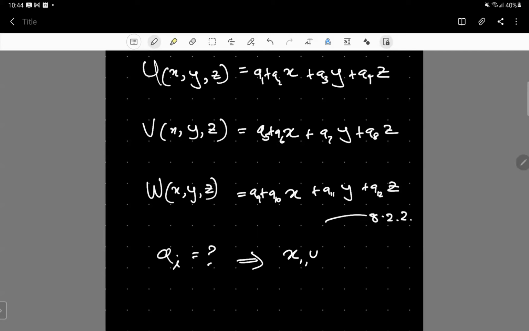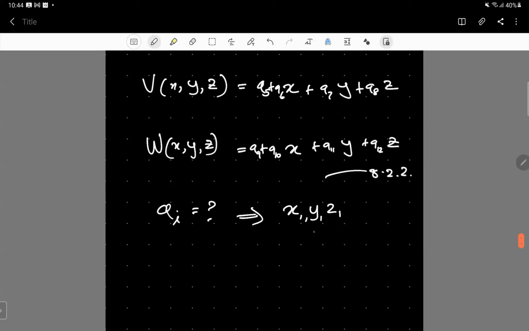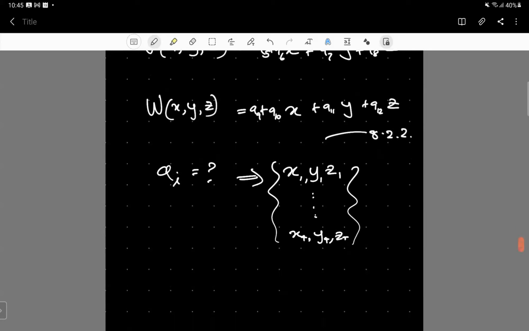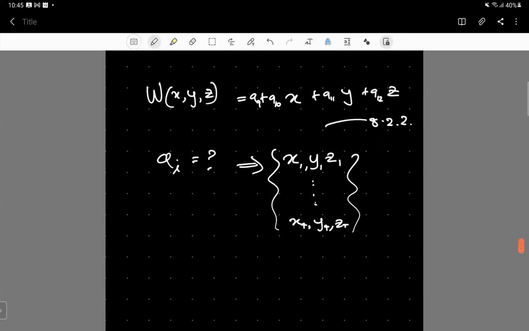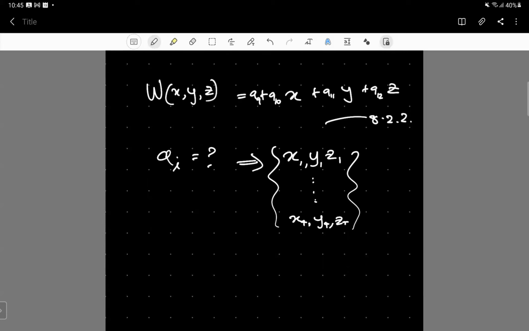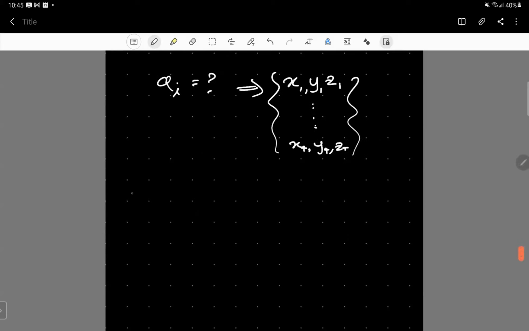X1, Y1, Z1, up to X4, Y4, Z4. We'd like to use these known values in order to find the unknown AI terms. We have done this before, so I will skip a lot of steps and write down the answer you would get if you do the substitution correctly.